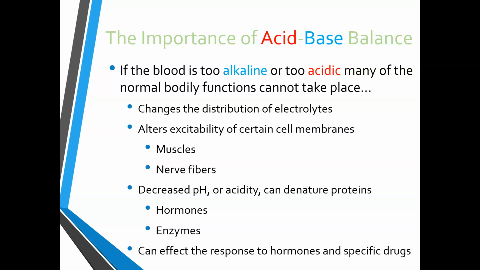It can change the distribution of electrolytes. It can alter the excitability of certain cell membranes, like muscles and nerve fibers. And decreased pH or acidity can actually denature proteins, which you have to remember hormones are a type of protein. So again, a change in the pH will affect hormones.